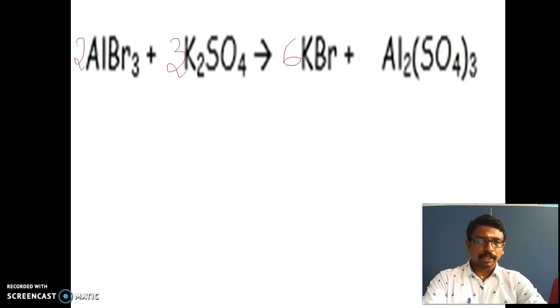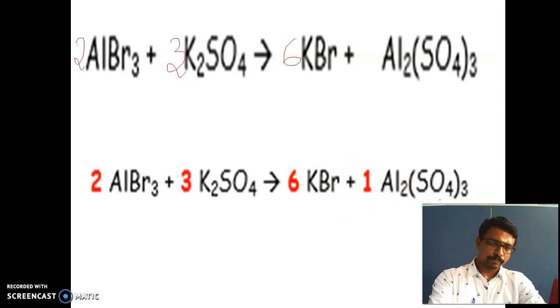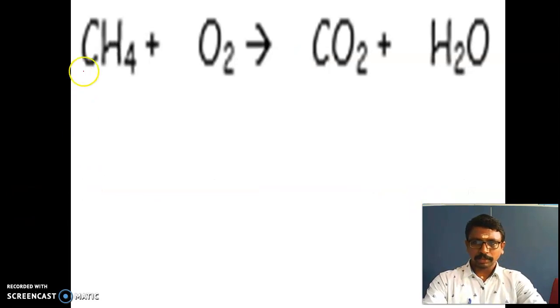So now the equation is balanced, you can see, that is 2 molecule of aluminum bromide is reacted with 3 molecule of potassium sulfate. It will give 6 molecule of potassium bromide plus 1 molecule of aluminum sulfate. You can see the next question.